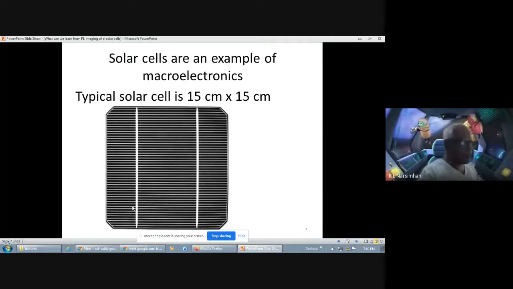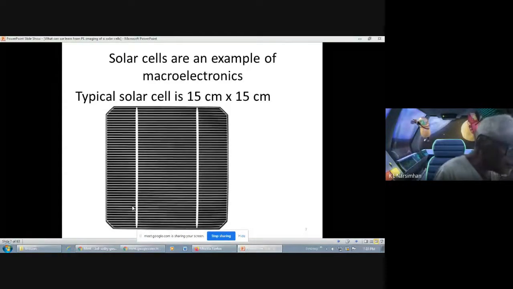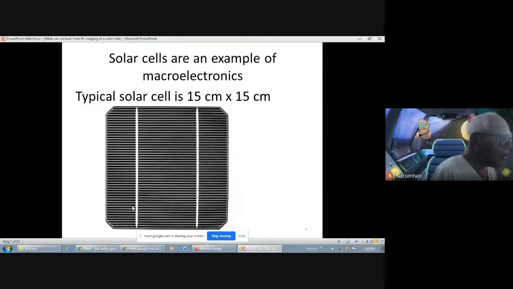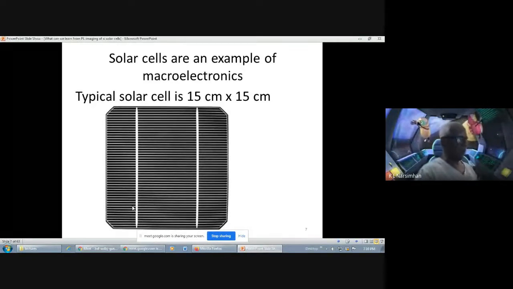Now, if you look at a typical solar cell, normally when you think of silicon, you think of microelectronics, you think of transistors, you think of packing billion transistors, trillion transistors in 1 centimeter squared. On the other hand, solar cells is an example of macroelectronics.